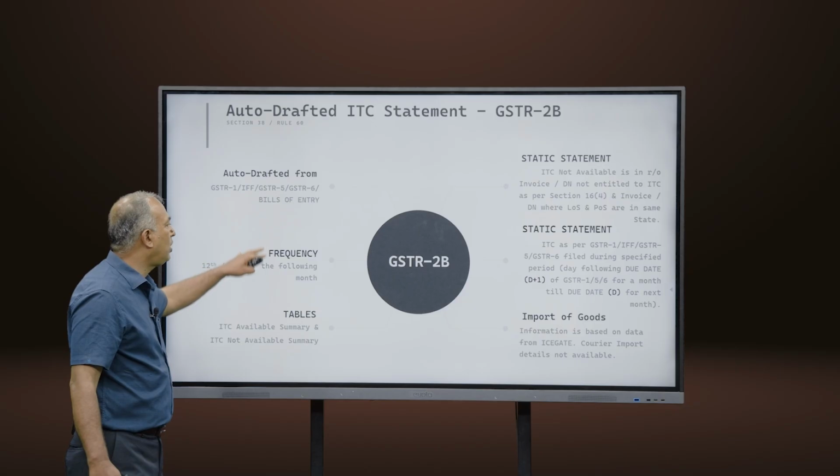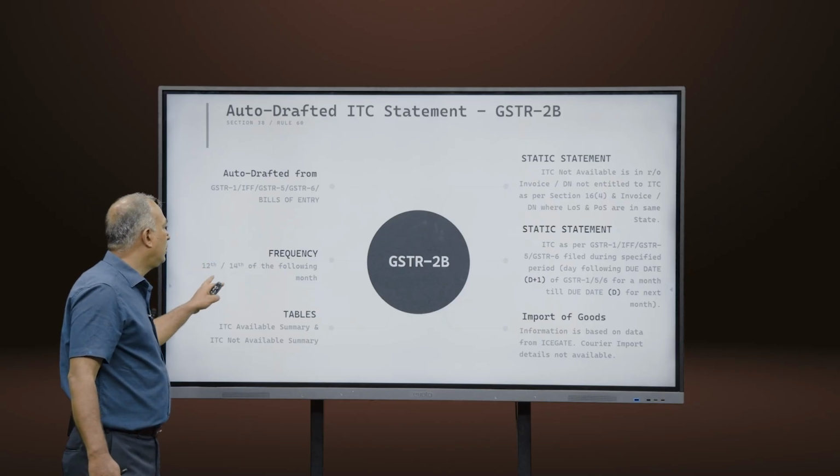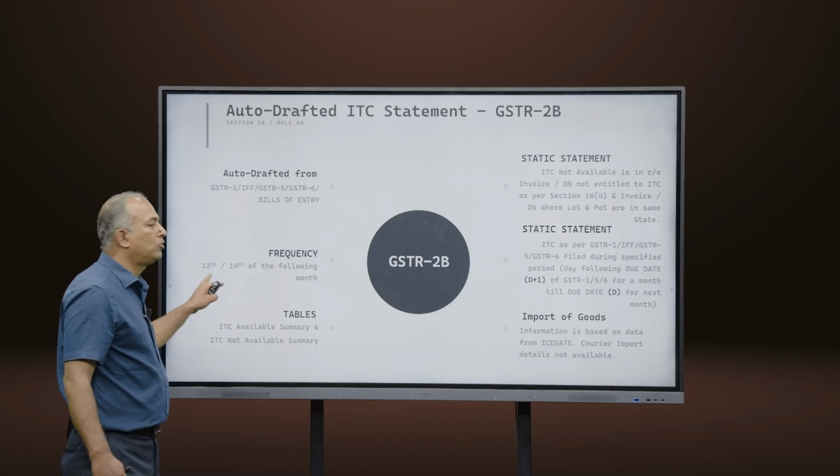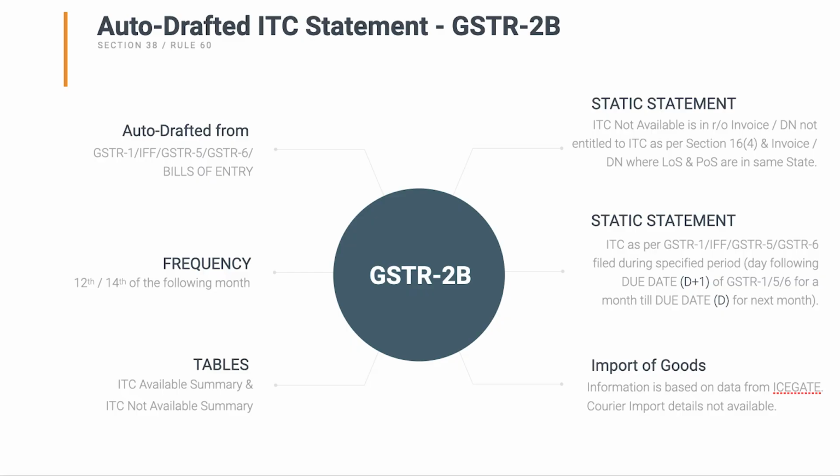And again, if you have to have the information, it is generated on the 12th. If it is for monthly GSTR 1, it is 14th. For all quarterly GSTR 1s, it will generate on the 14th. It puts it into GSTR 2B ITC available summary and not available summary.